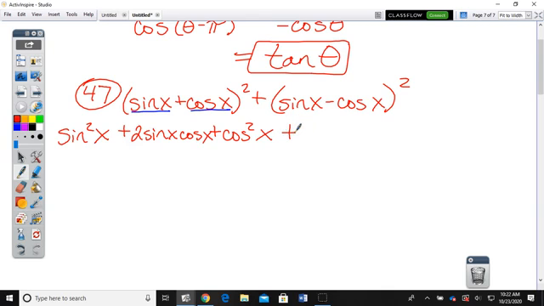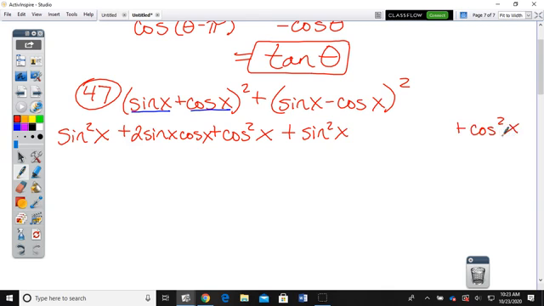Plus. Now we're doing this one. Same process, same difference except it's minus in the middle. So I still square the first one, it's still sine squared x. I square the second one. What is negative cosine times negative cosine? Positive cosine squared, same thing.